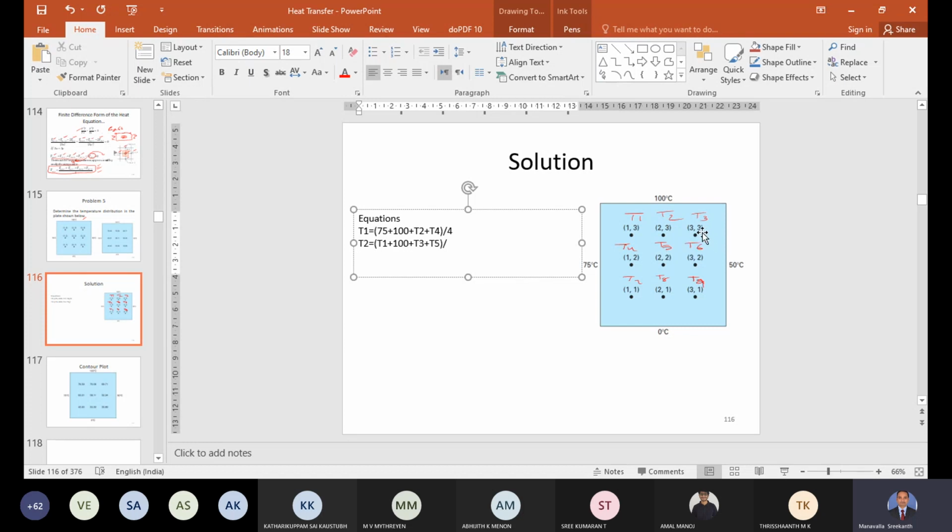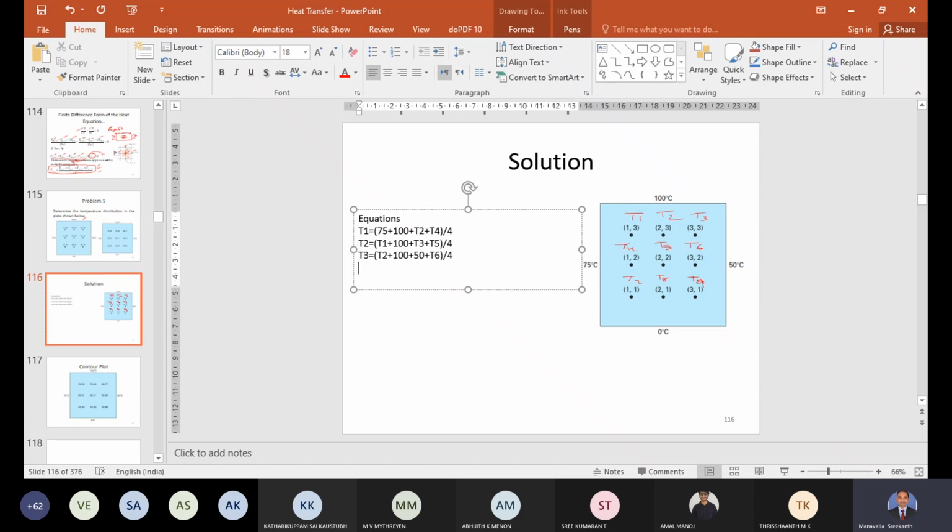Similarly, if I want to write for T3, then T2, 100, 50, and T6. So T3 is equal to (T2 plus 100 plus 50 plus T6) divided by 4.